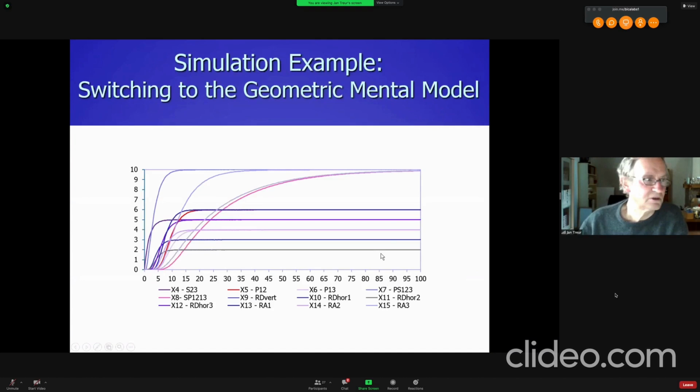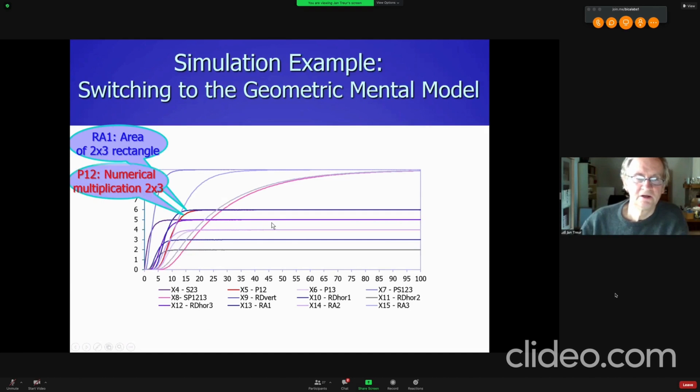So this is a simulation example. So here there is a switch to this, which is, for example, the area of the rectangle that is determined. So this is after a switch to the geometric mental model. And this is the numerical multiplication.